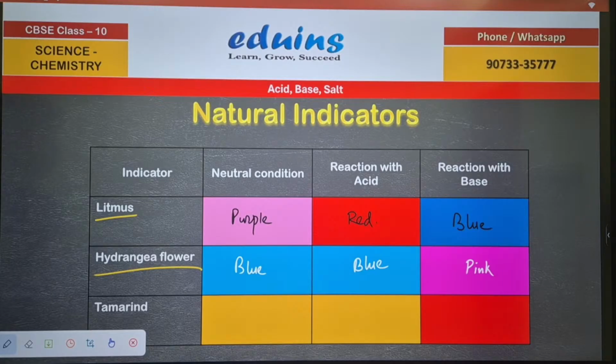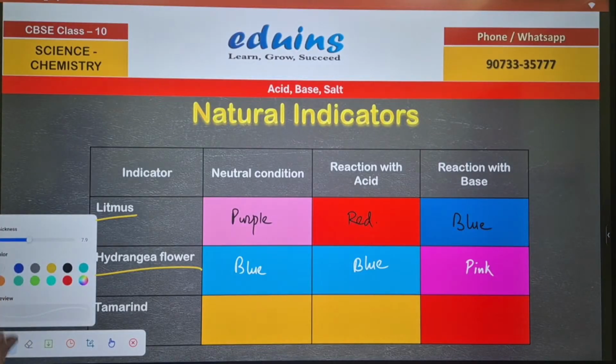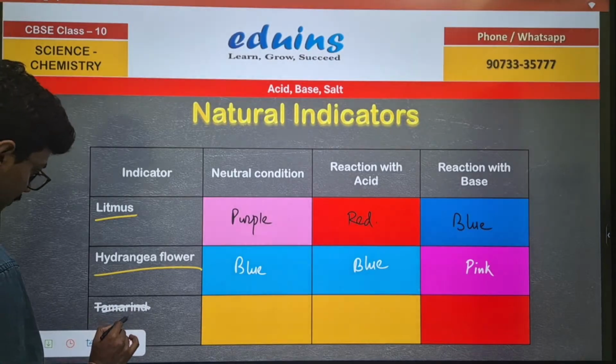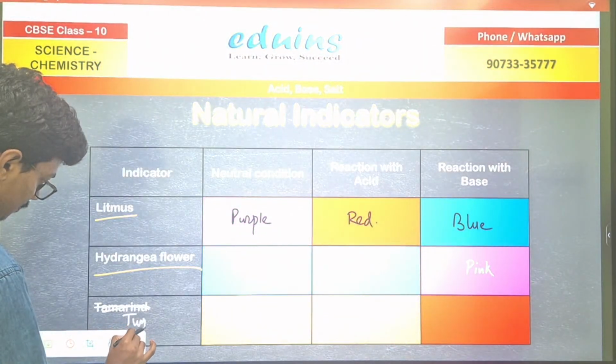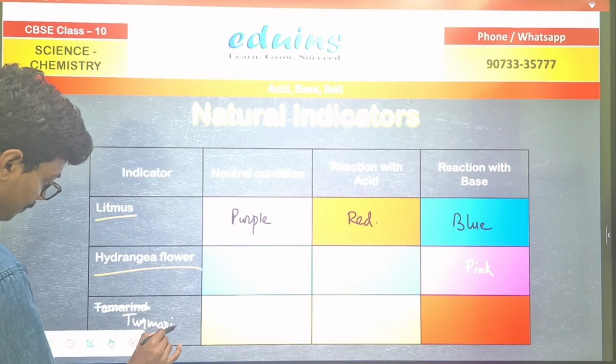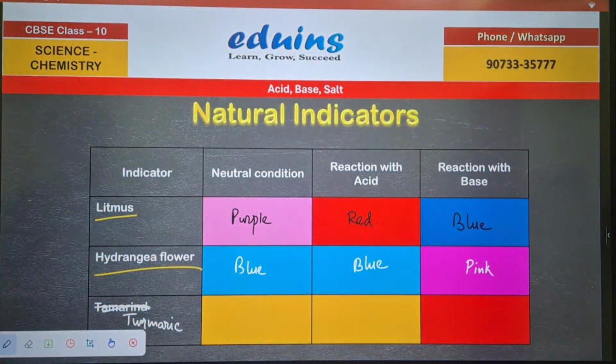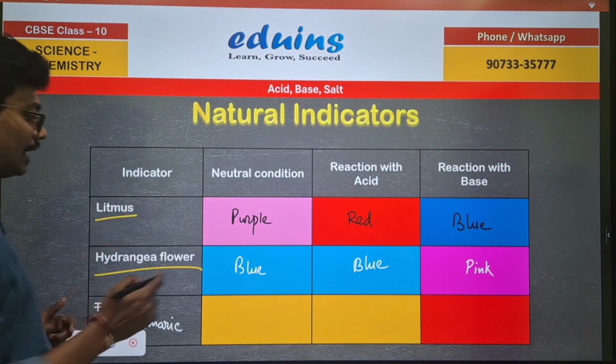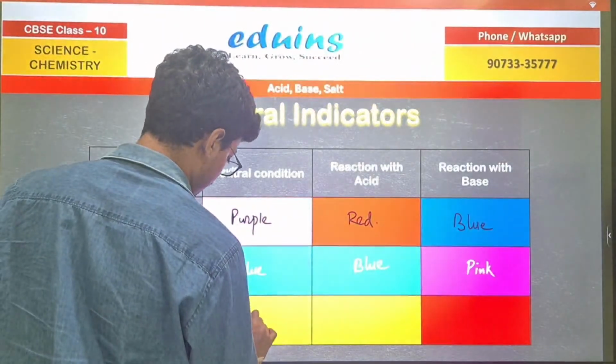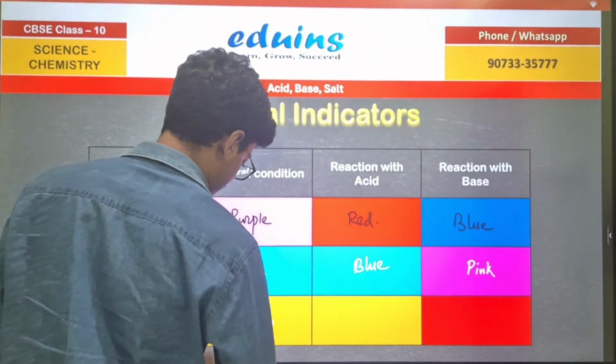Okay, the next one is the turmeric, not tamarind. Turmeric in natural condition has a yellow color.